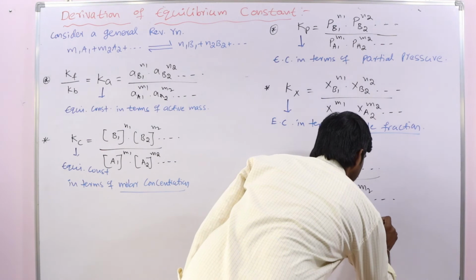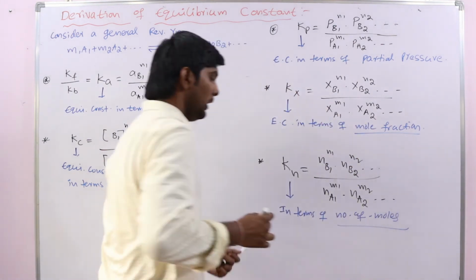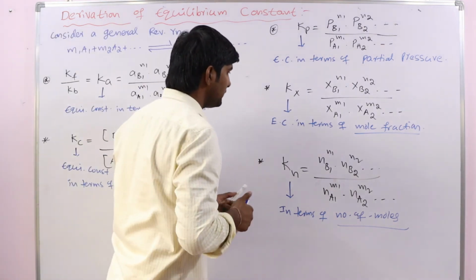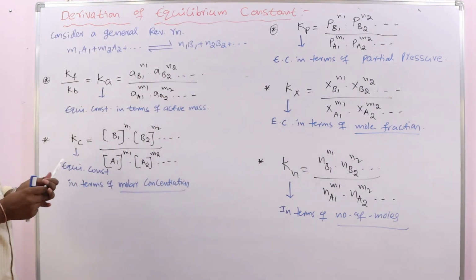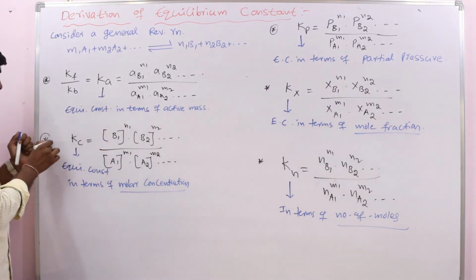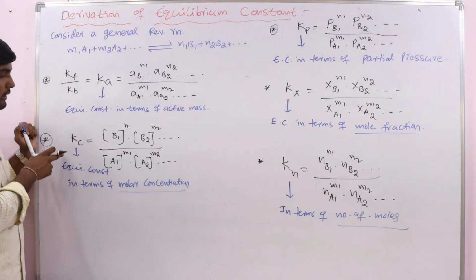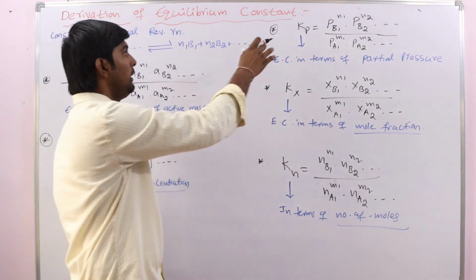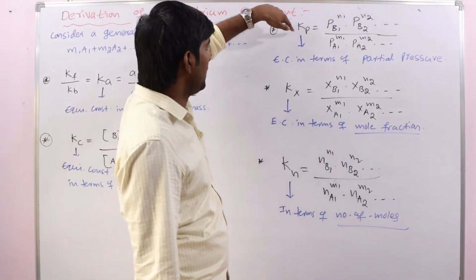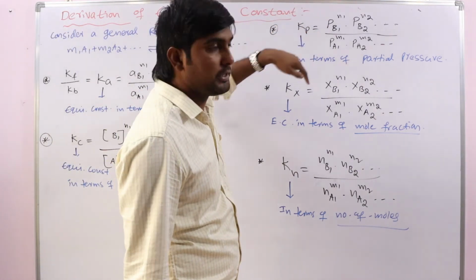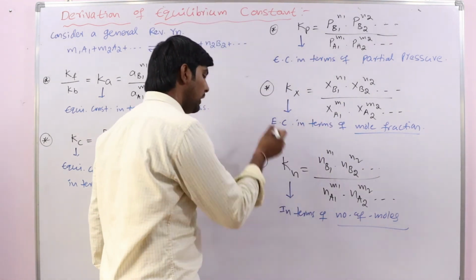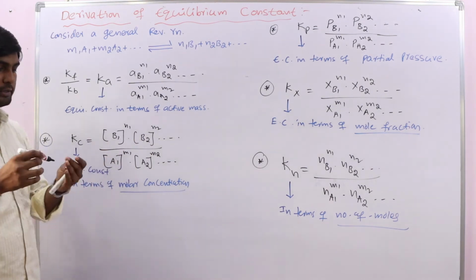Depending upon the given information you can use any of these relations. If active masses are given, use the first relation. If molar concentrations are given, use the Kc relation. If it is a gas phase reaction, they will provide partial pressures. If mole fraction is given, use that relation, and if number of moles are given, use the Kn relation.